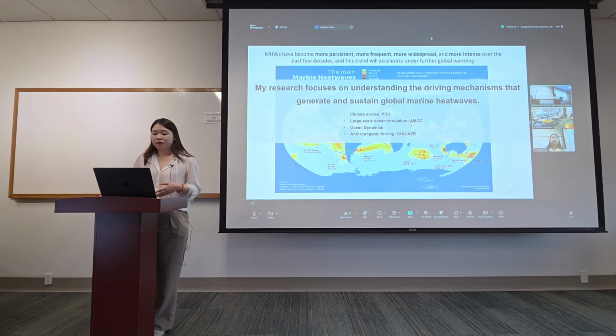And then I will give a broader view of how ocean dynamics shape global marine heat waves by comparing the dynamic ocean and the slab ocean. These three are all internal processes in our climate. While external forcings like greenhouse gases and anthropogenic aerosols also have an impact on global marine heat waves. This is my last part.